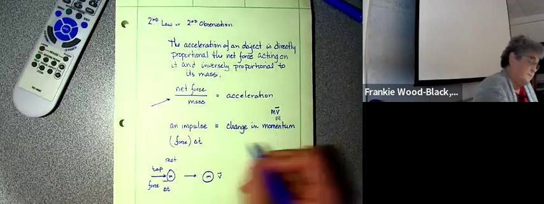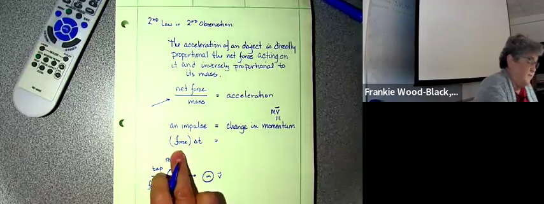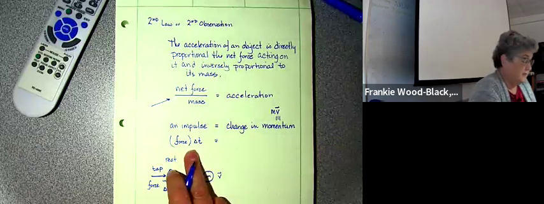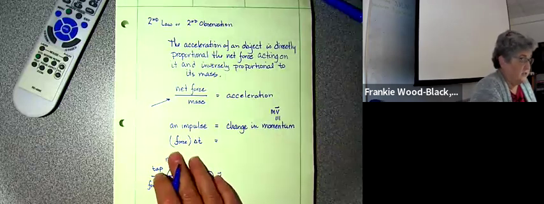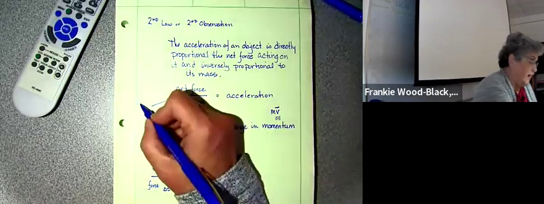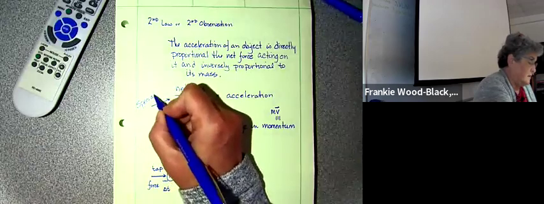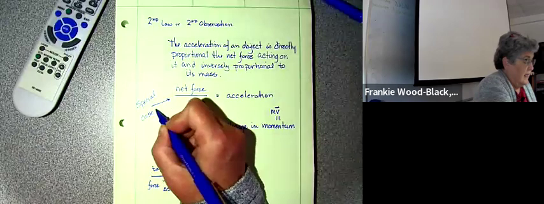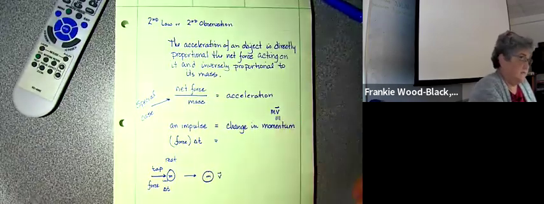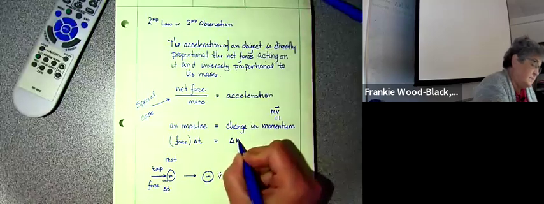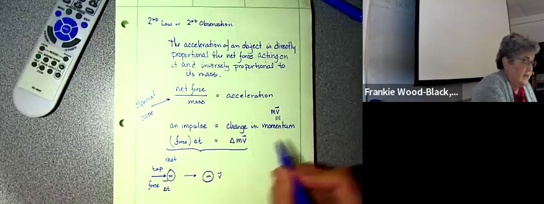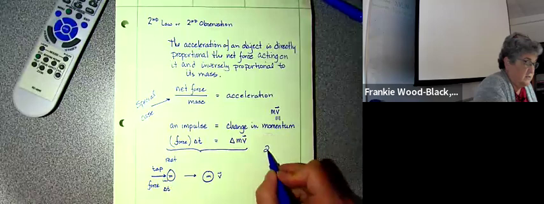So what we have is that my force, my impulse, which we're going to see later when we start dealing with momentum, but I want to introduce it now because it's going to help you understand that this is a special case. This is the most common case, but it's a special case. So this is a change in momentum. So this is also the second observation.